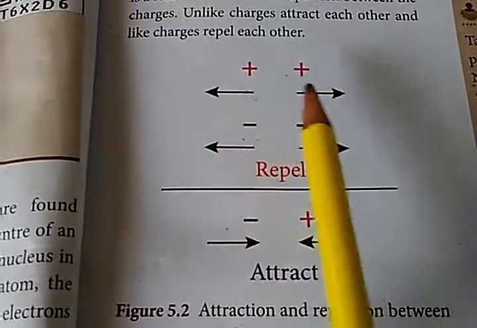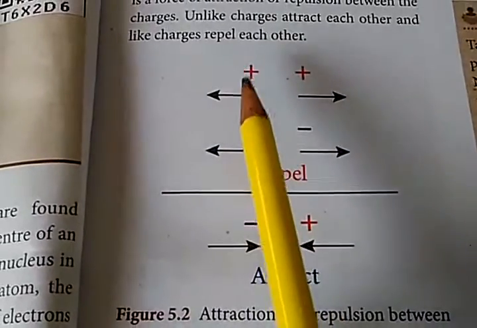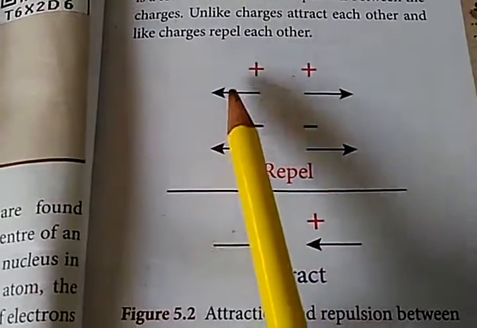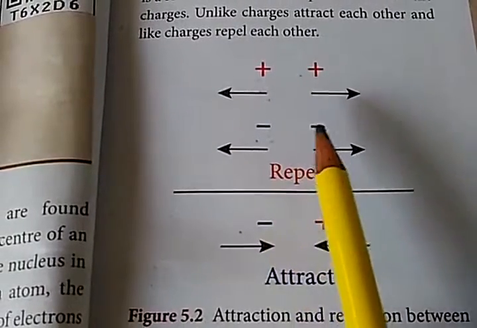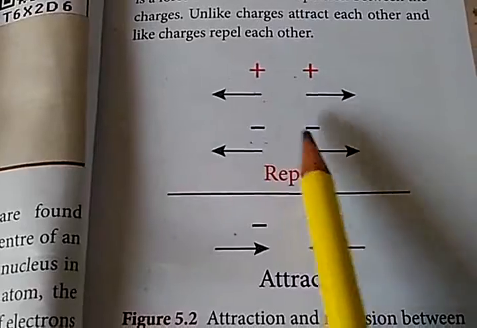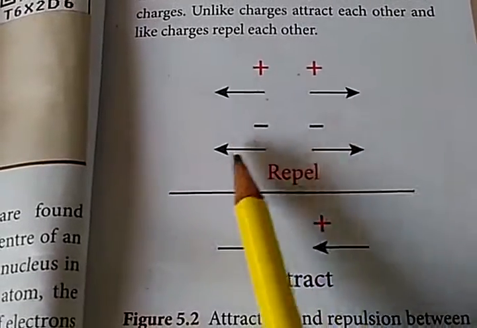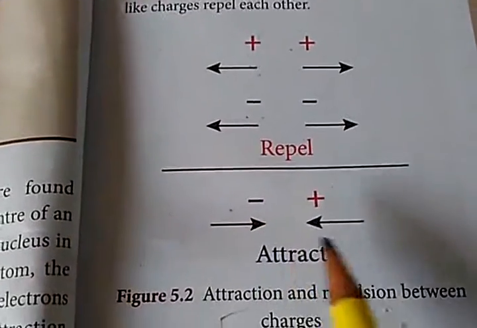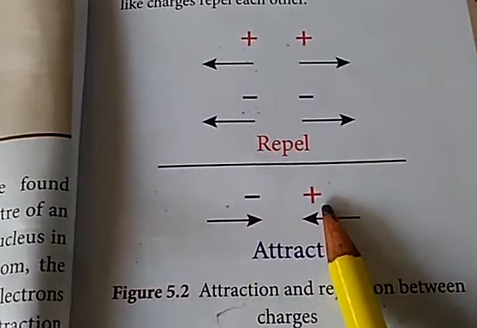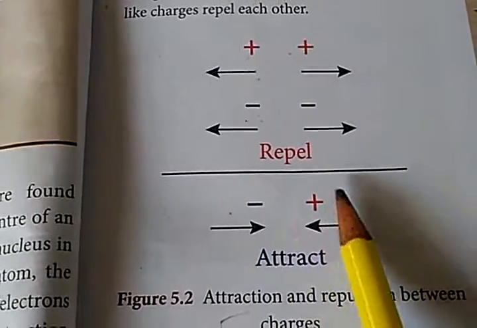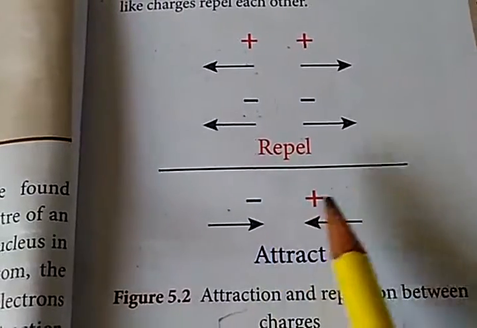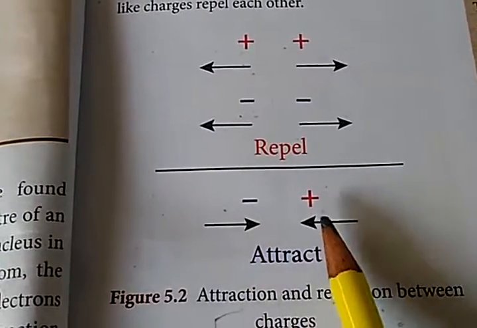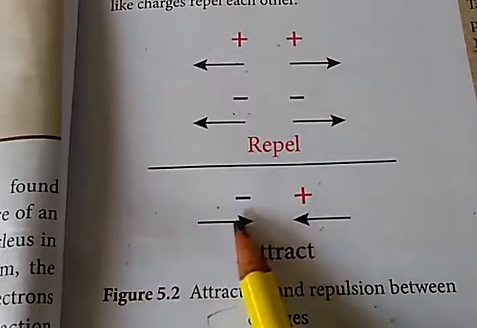Plus and plus are like charges, they repel each other. Negative and negative are also like charges and repel each other. But here, this is negative and this is positive, so these charges attract. Unlike charges attract each other.